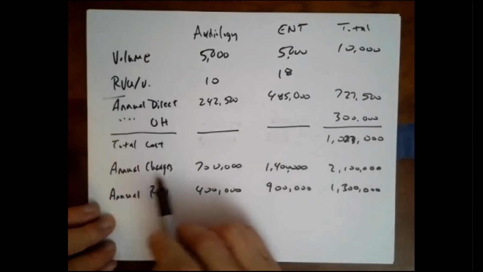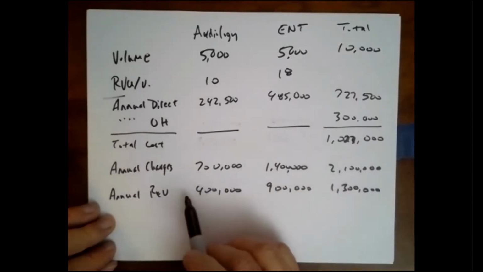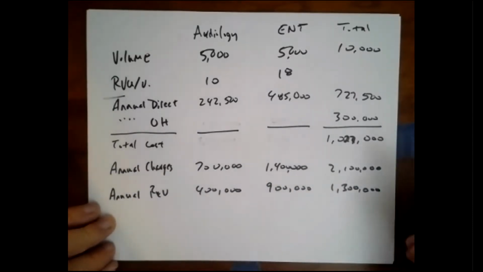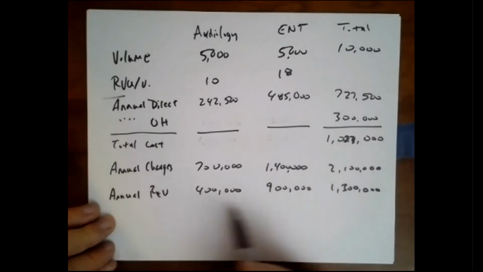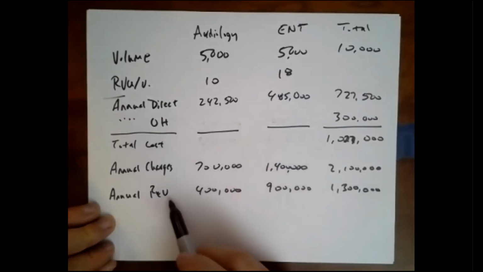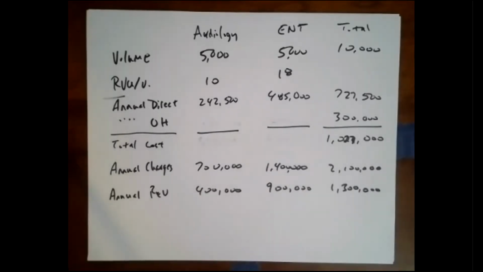So this time, instead of choosing annual charges, which, as we know, are basically funny money, we're going to use annual revenue. Why might you use revenue instead of charges? Well, annual charges are only loosely connected to reality, whereas annual revenues are really what we collected.